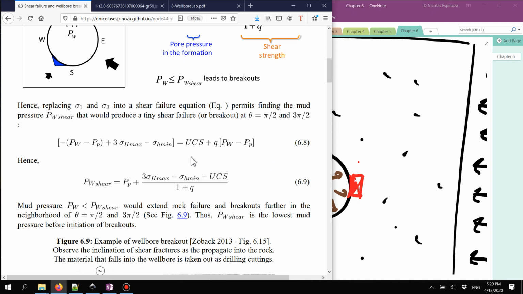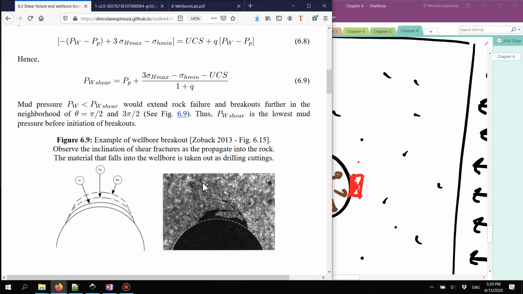Here you have one example of how these breakouts look. In this example, these breakouts are located in this region. You can see some of the shear fracture growing from one side at the characteristic angle from the wall of the wellbore, and also from here. So these are shear fractures, one growing from right to left, the other one growing from left to right.